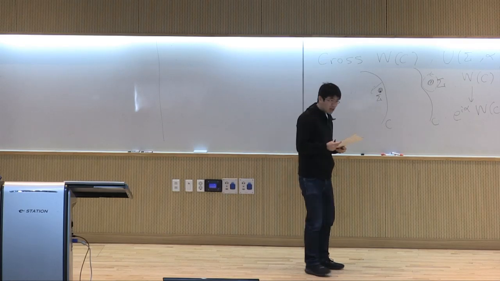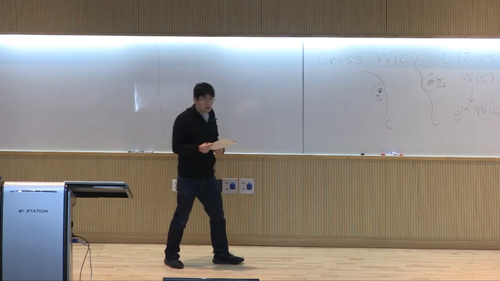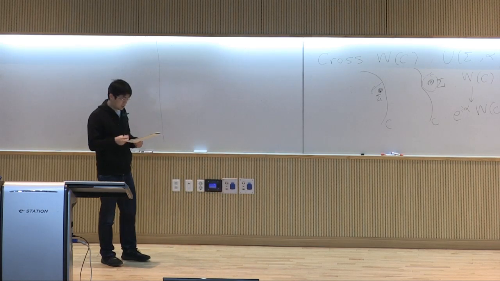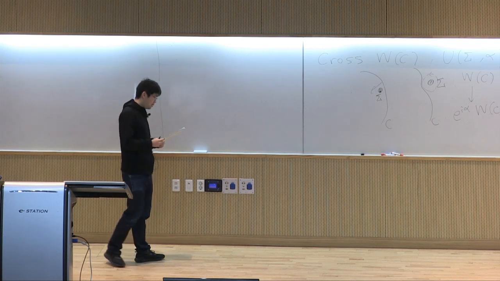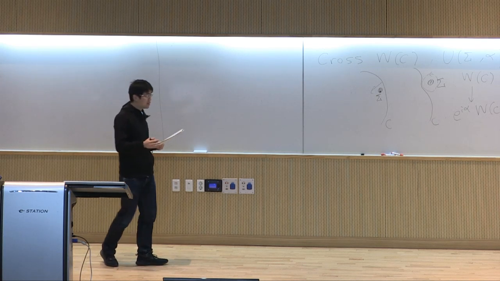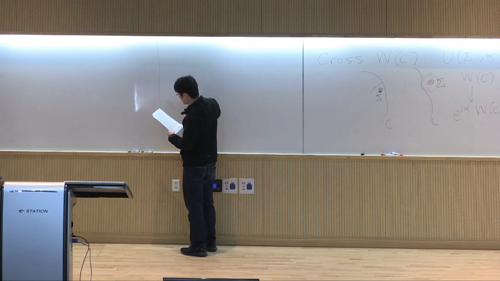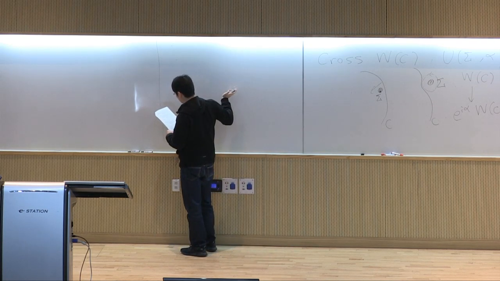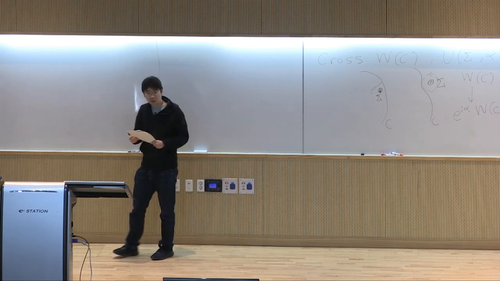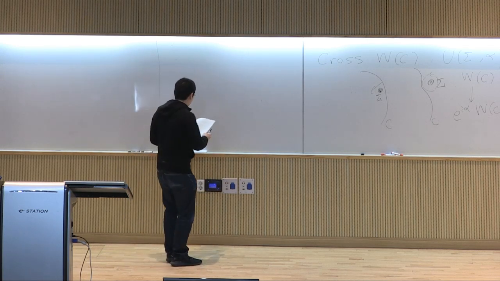And up to now, I have just discussed the free Maxwell theory, and free Maxwell theory is too simple. Usually, we want to consider some interacting field theory. Then these electric and magnetic symmetries are explicitly broken.